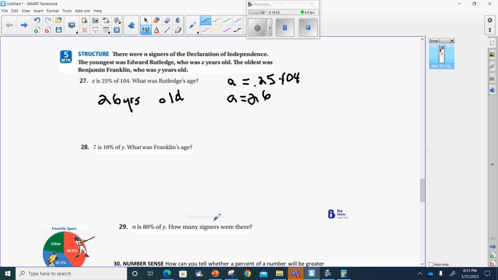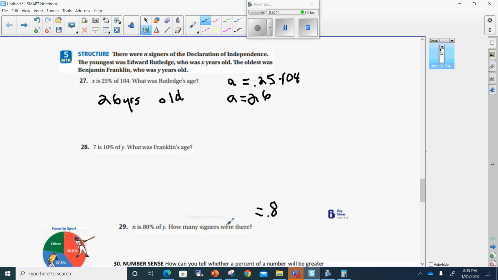Okay, I thought maybe we were dealing with this problem. So over here, N is 80% of Y. So we're saying that 80% is going to give me 0.8 when I move that decimal over twice, right? Now it says there were N signers of the Declaration of Independence, right?